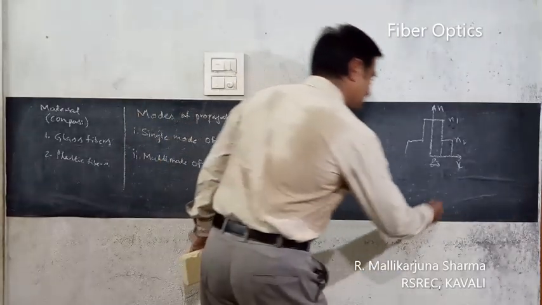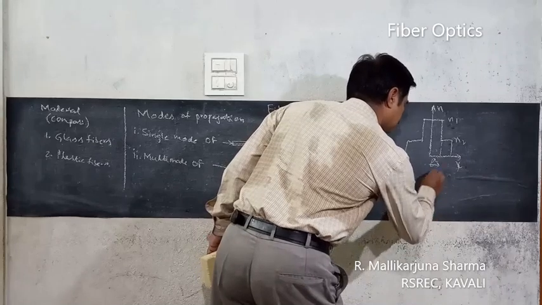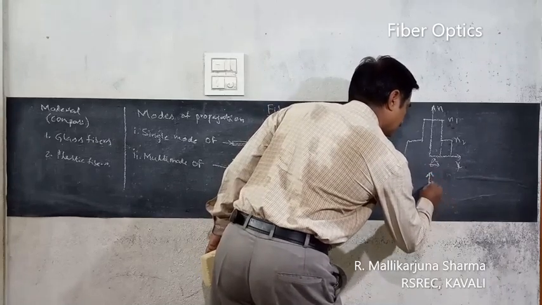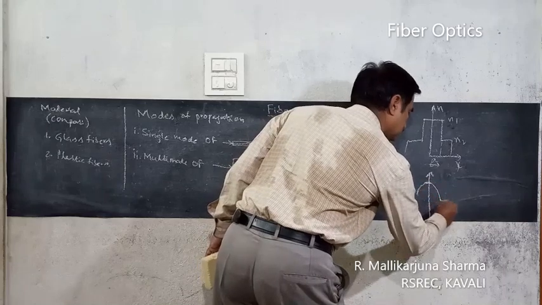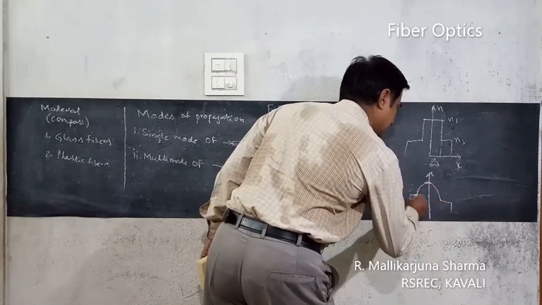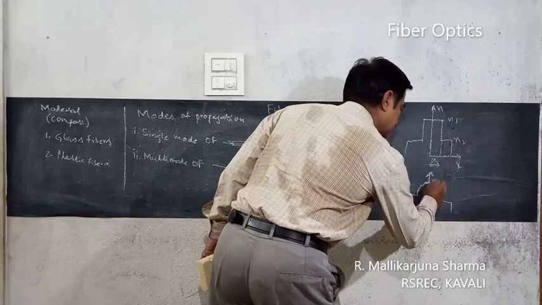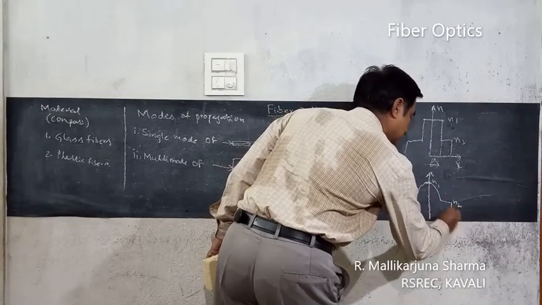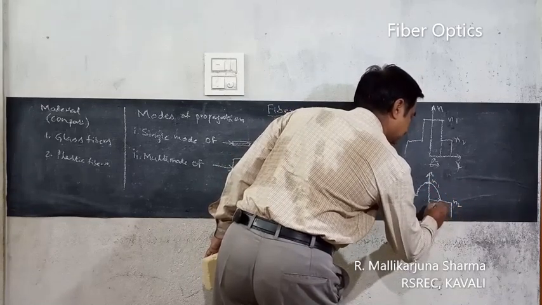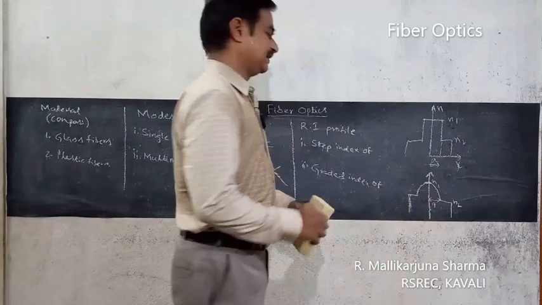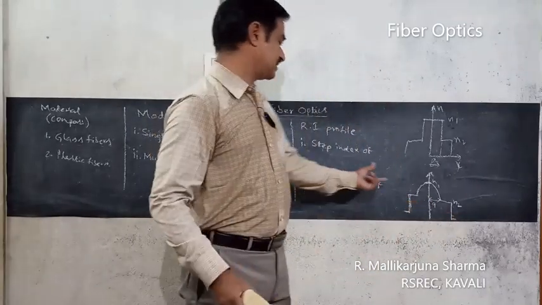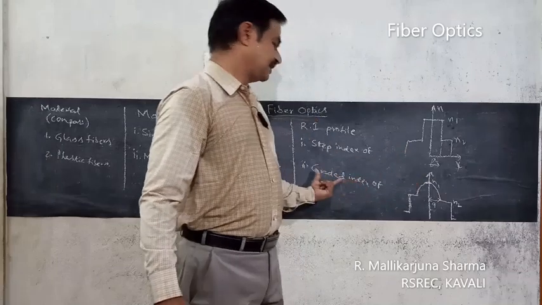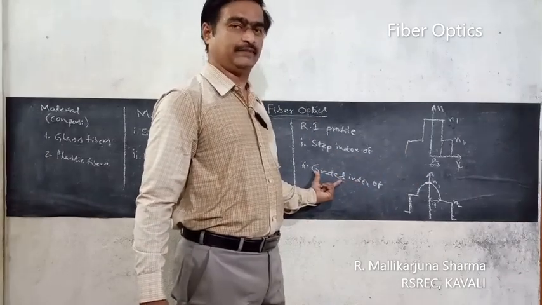If it gradually changes from N1 to N2, graded means gradually changes. This is N1, this is N2, this is A. Then that type of optical fiber is called a graded index optical fiber.